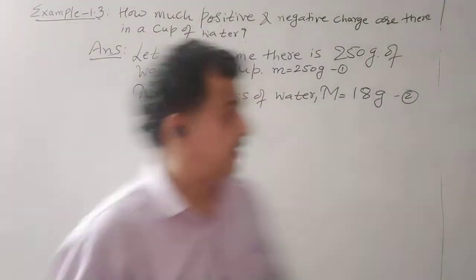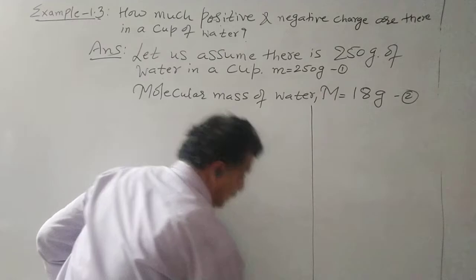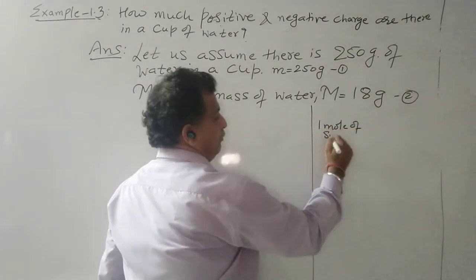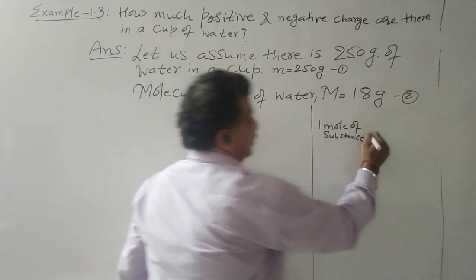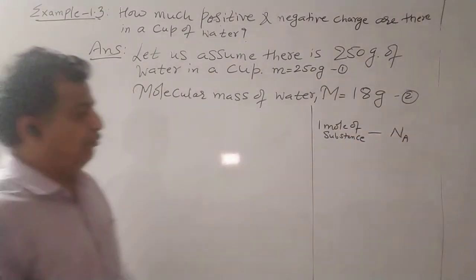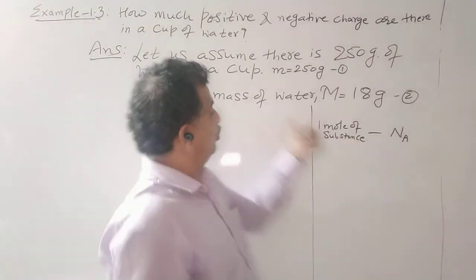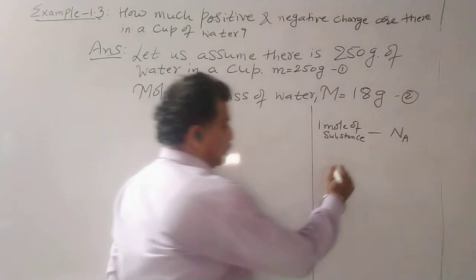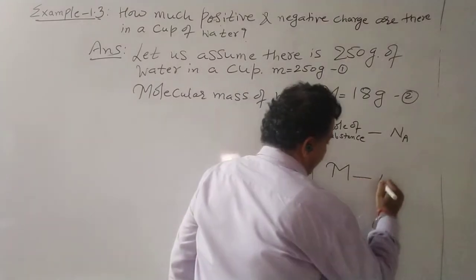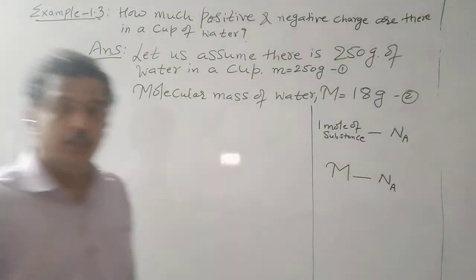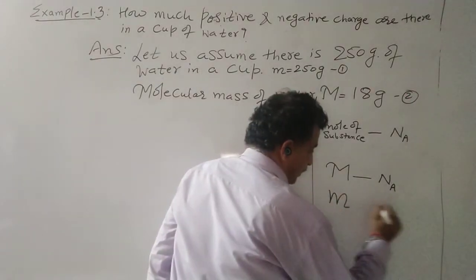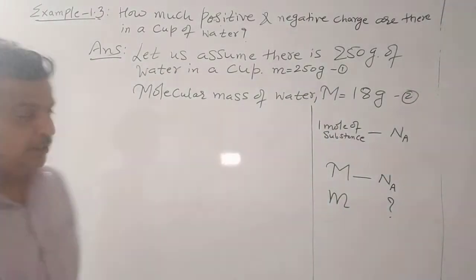So according to chemistry, we know if we have 1 mole of substance, its number of molecules is Na, that is the Avogadro number. Now for 1 mole of substance, the mass is known as molecular mass. So if the molecular mass is capital M, the number of molecules is Na, the Avogadro number. And for our mass small m, we can find the number, that is a question mark.